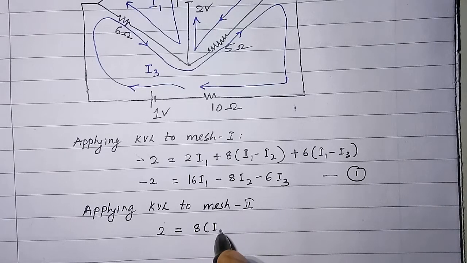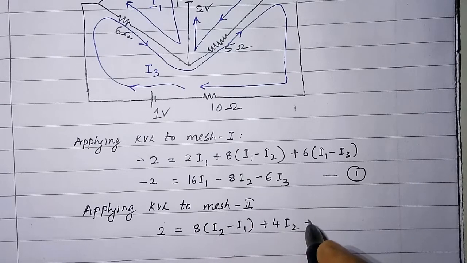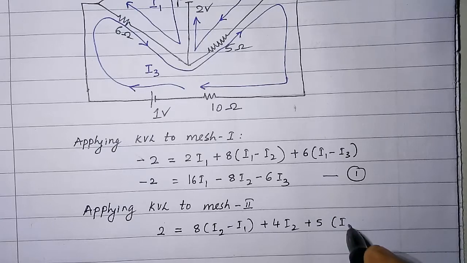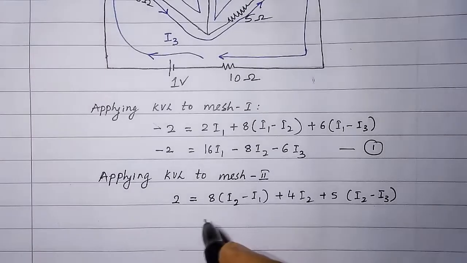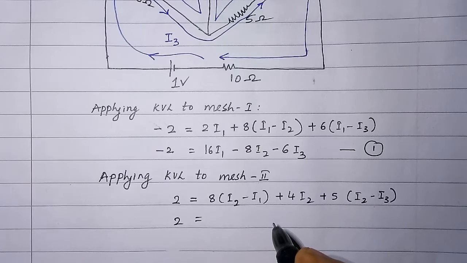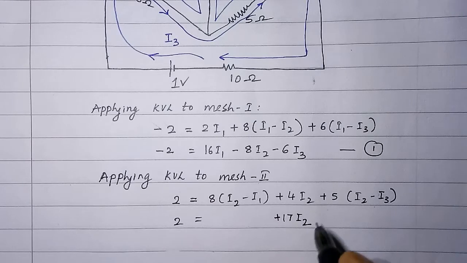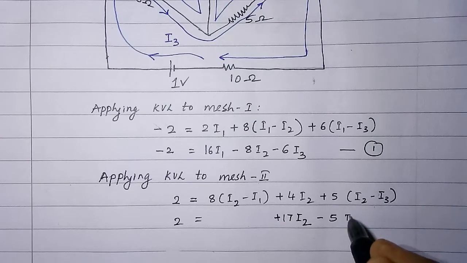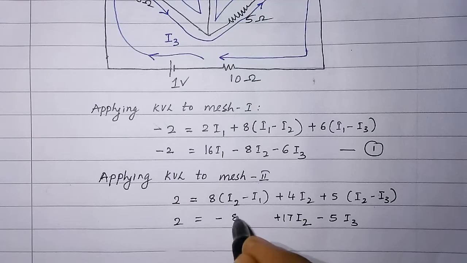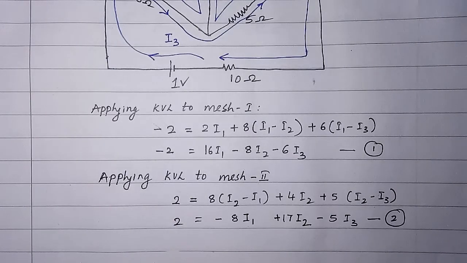Simplifying, we get 17 I2 minus 5 I3 minus 8 I1. Now let us call this as second equation.